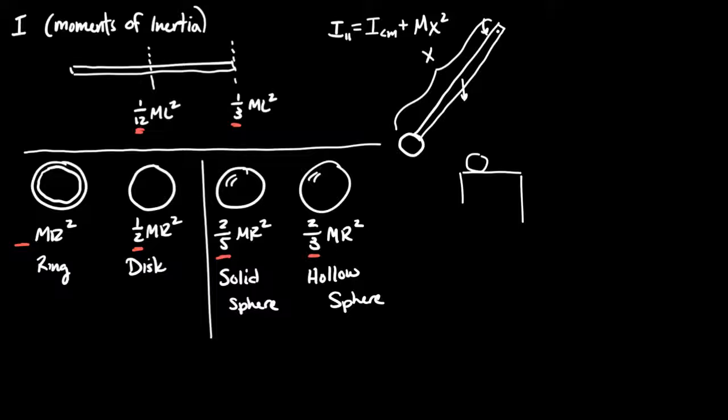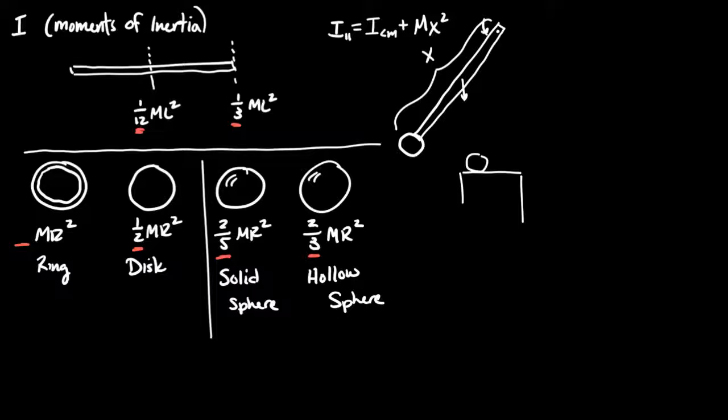Having a pragmatic understanding of why these are the way they are is helpful. Put them in order, of smallest moment of inertia to largest moment of inertia. In your head, you should be able to see that the solid sphere is the smallest and the ring is the largest.